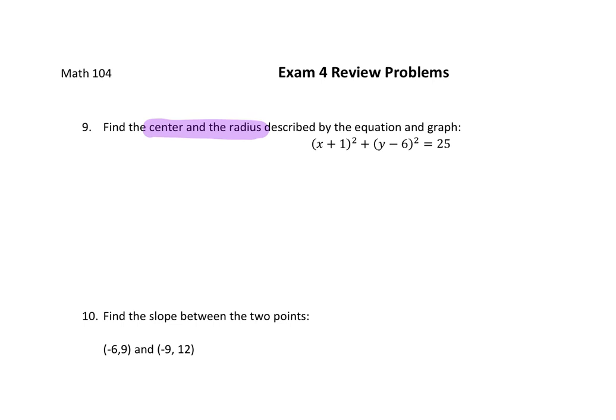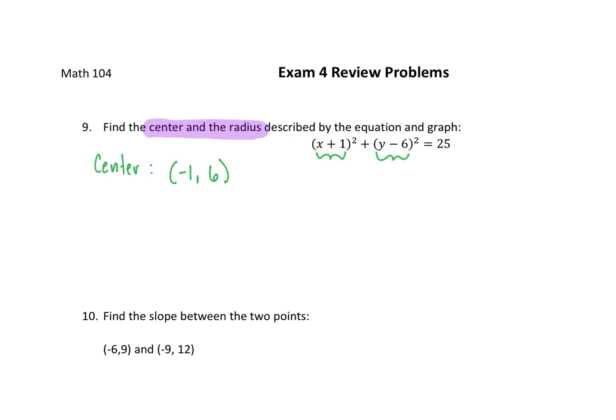So the center is just the point from inside the parentheses, kind of like finding the vertex in vertex form. So if I have x plus 1, what makes x plus 1 equal to 0? That would be negative 1. And what makes y minus 6 equal to 0? That's positive 6. So that is just the center of my circle.